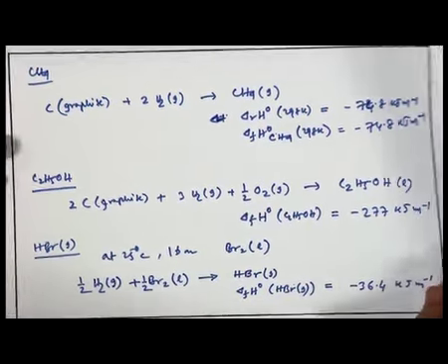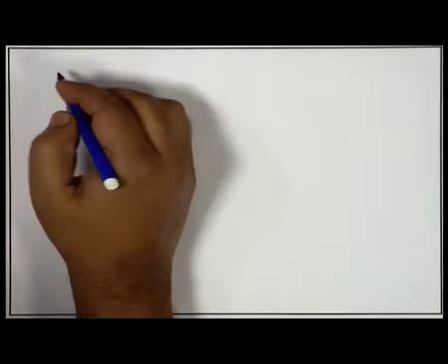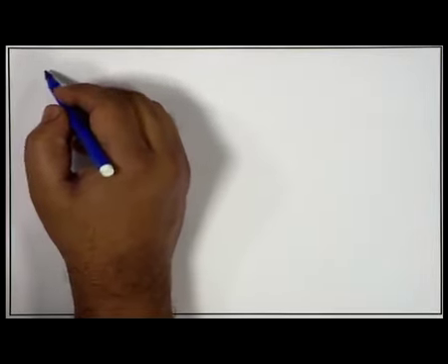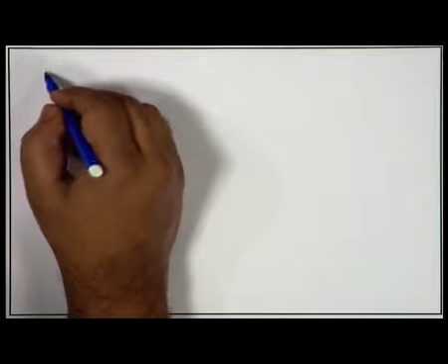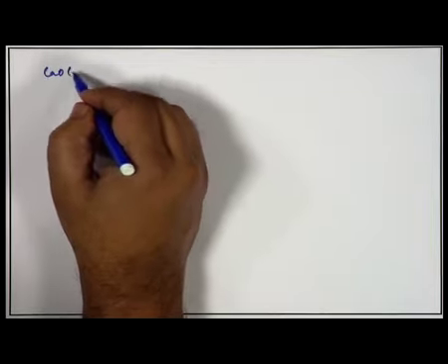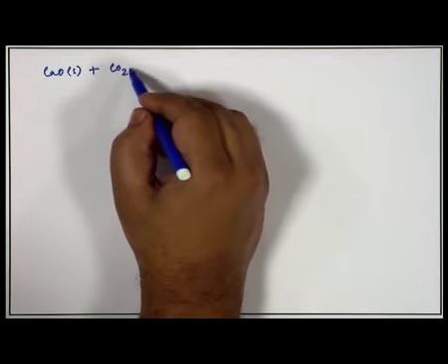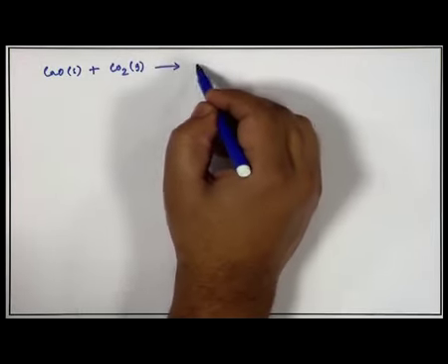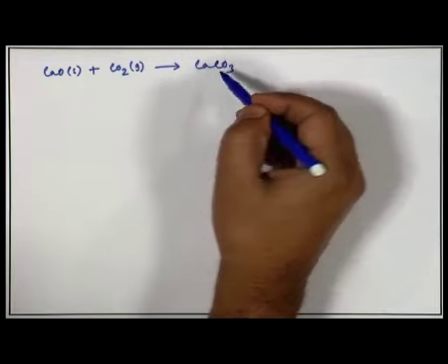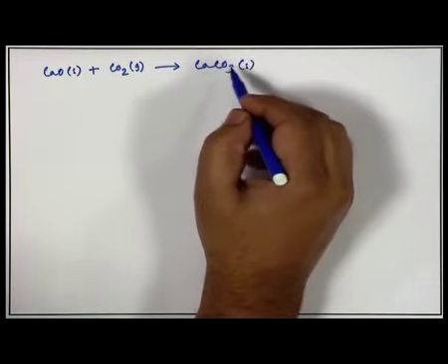For example, which is not an enthalpy of formation, calcium carbonate we can form by this equation, giving solid calcium carbonate.